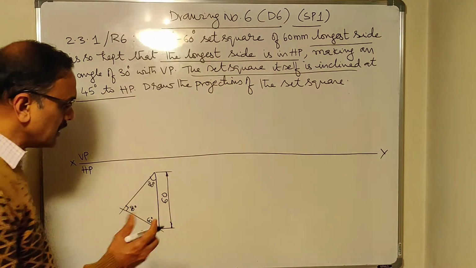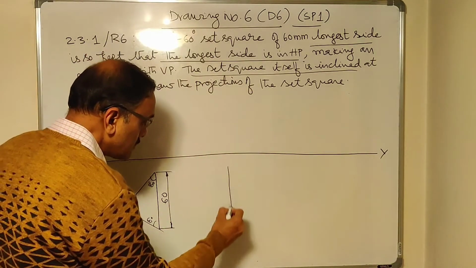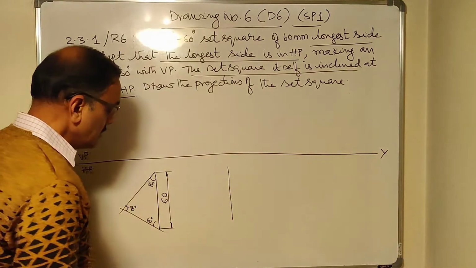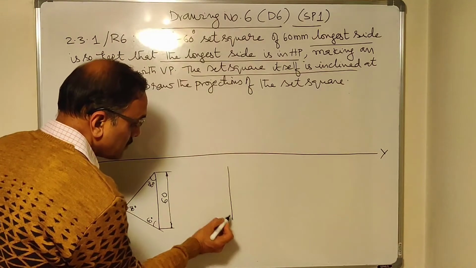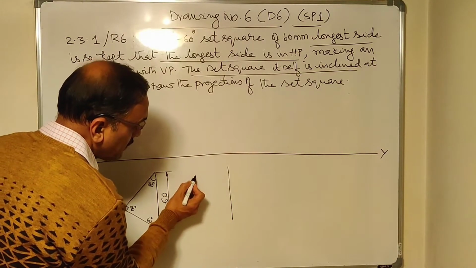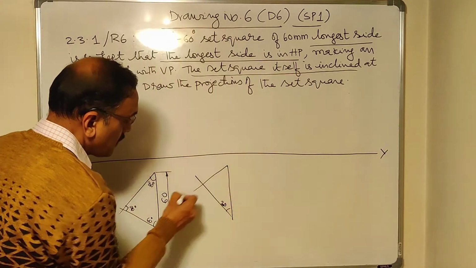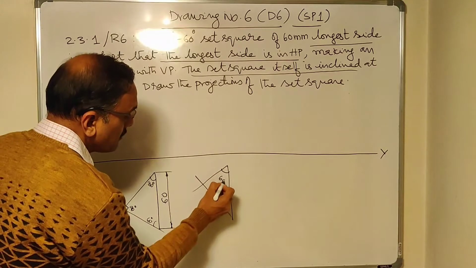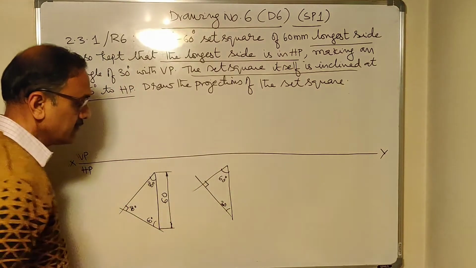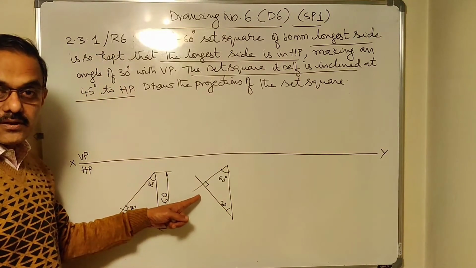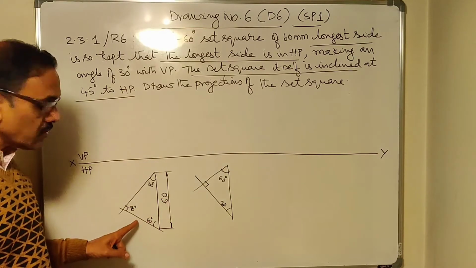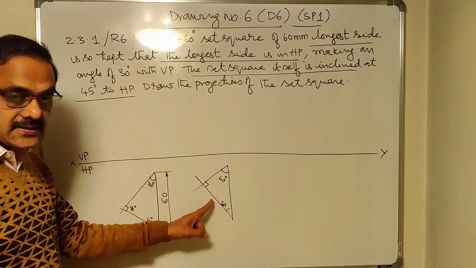The other possibility is, you can also draw like this. If this is 60, you can take 30 degree here also, 30 degree from here and 60 from here also you can draw. This will be 90. This way also you can draw. It's not necessary that you have to draw like this. This is also accepted.